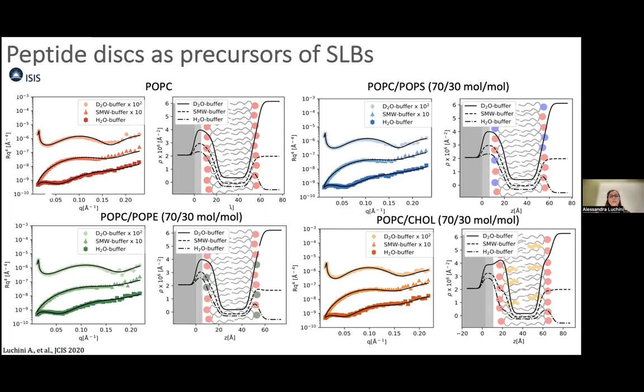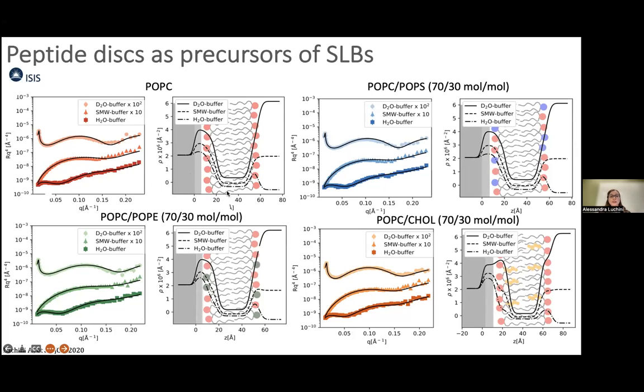And of course, we first started with a very simple model system that is just a POPC phospholipid. This is a very well-studied phospholipid, and there is plenty of data out there for supported lipid bilayers made out of POPC. So it was a good system for us to compare our sample preparation method.